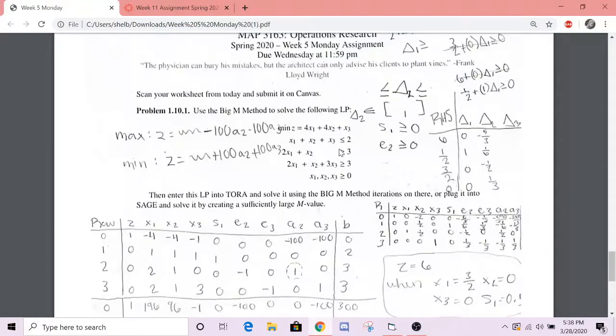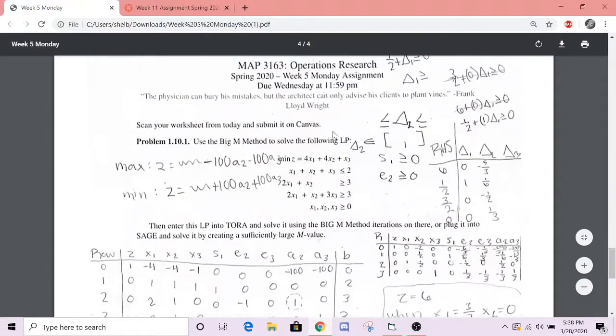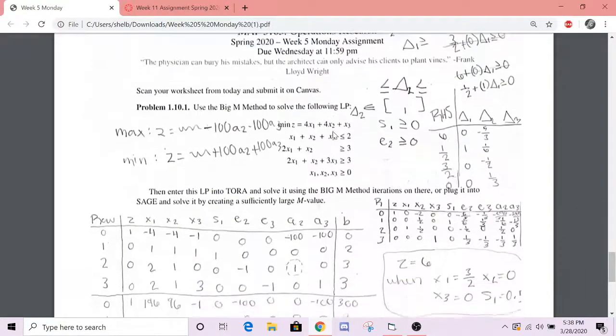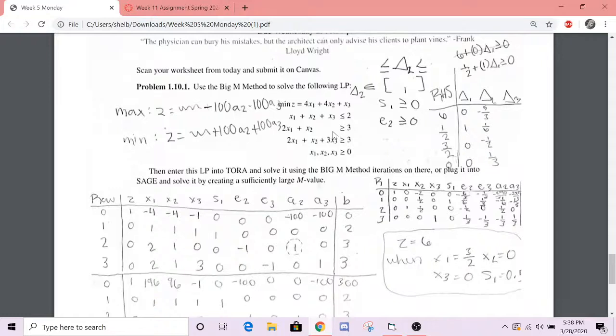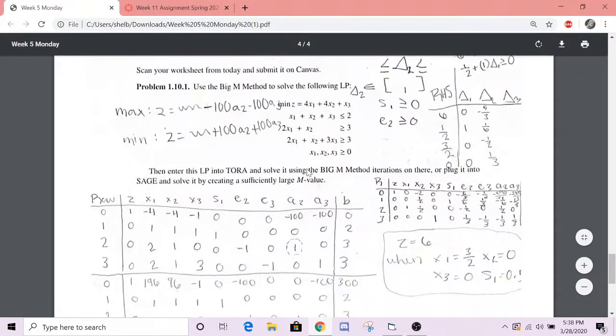It's, I believe, the two-phase method, but for now we're just learning the big M method.